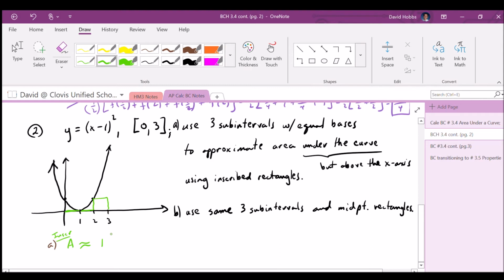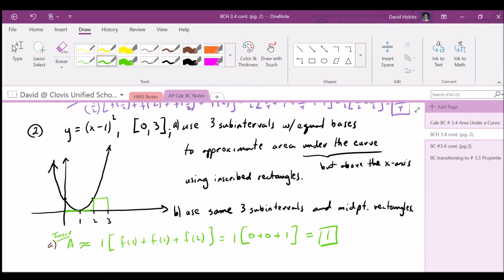So GCF of 1, and then I had f of 1 plus f of 1 plus f of 2, because in inscribed I choose the lowest side each time. So we have 1 times, well, f of 1 is 0, f of 1 is 0 again, and f of 2 is 1. So my approximation is 1, which is a very horrible approximation of this area under the curve.